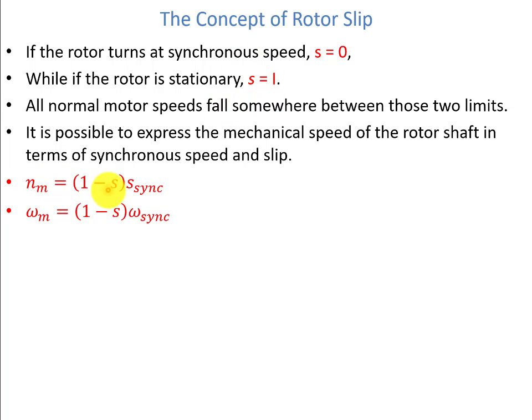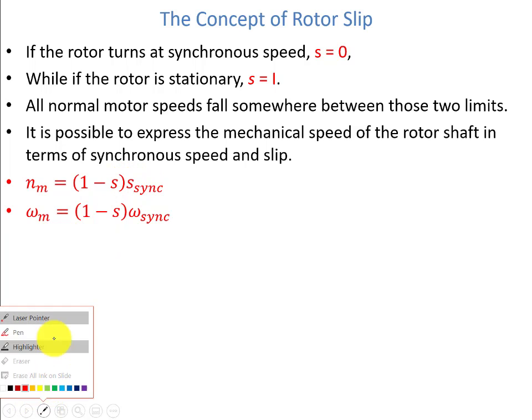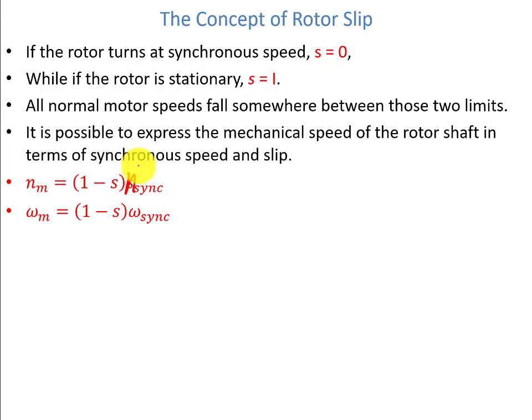So nm we can write in another way, nm is equal to 1 minus s into n synchronous, where omega m is equal to 1 minus s into omega synchronous.